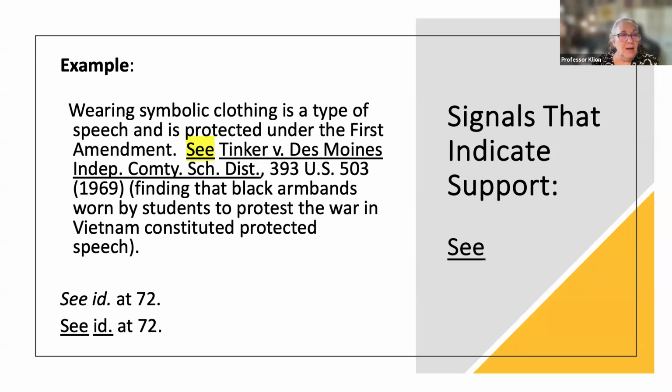If you were going to have a short cite, as if you had already talked about Tinker before, you could put see id. at 72. Note that the id. would be a lowercase id. because the See is the capital letter that starts the sentence.